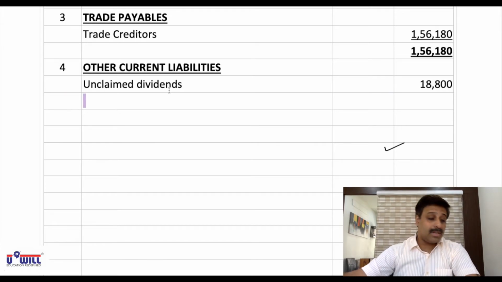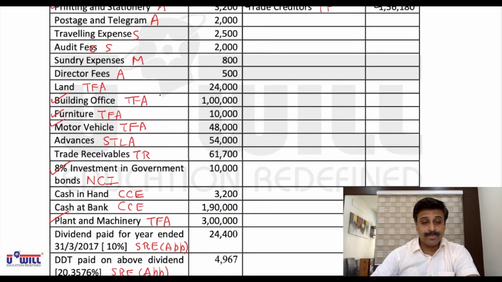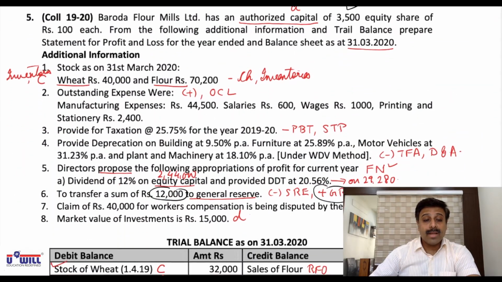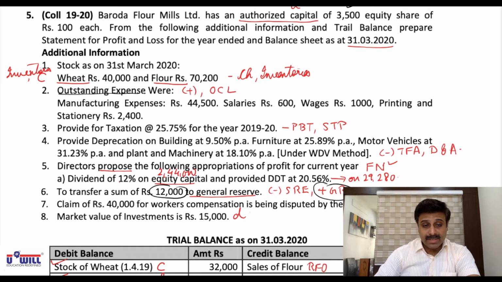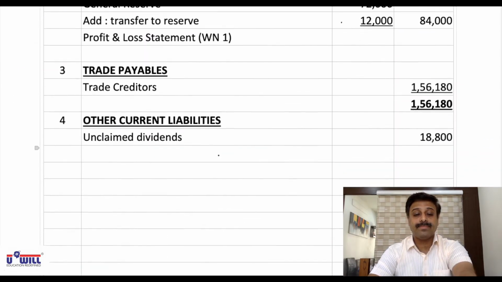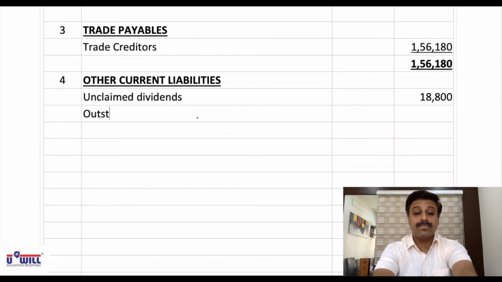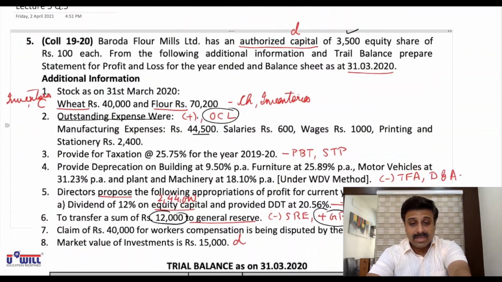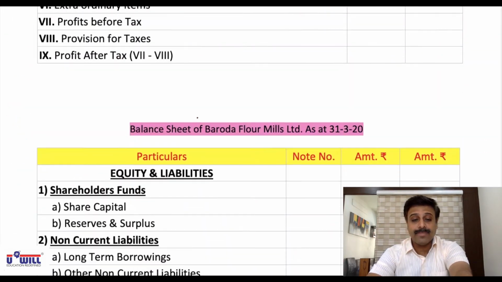Then from the adjustments, we have second adjustment, outstanding expenses will come in other current liabilities. So outstanding manufacturing expense 44,500. Then after outstanding manufacturing expenses, what do we have? Salaries 600.